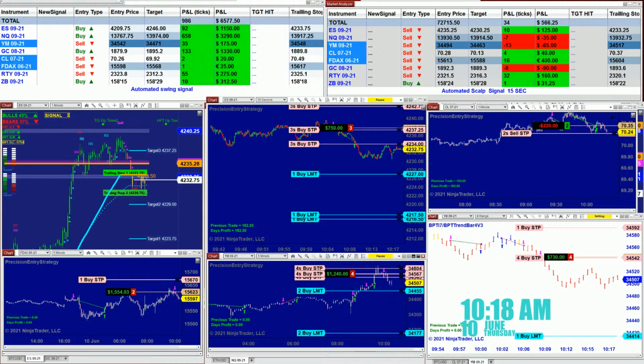The ES is hanging on by a little thread. It's 42.30.75. It is very important for the ES to stay above the 42.30.75 to stay in a long mood. If this market breaks the 42.30.75 on the ES, we are changing from long to short trade.